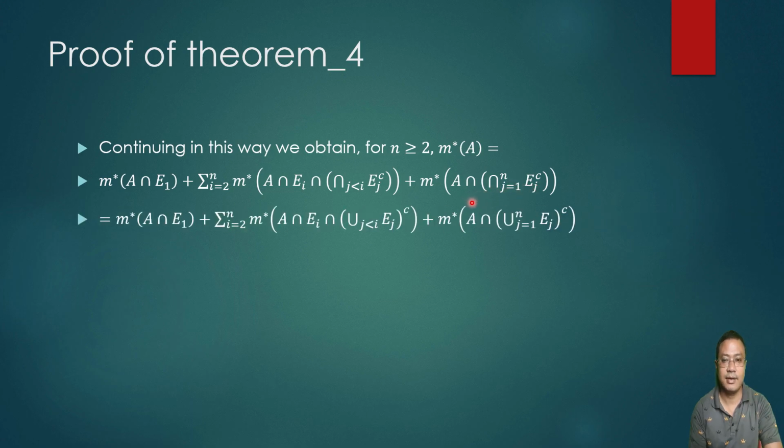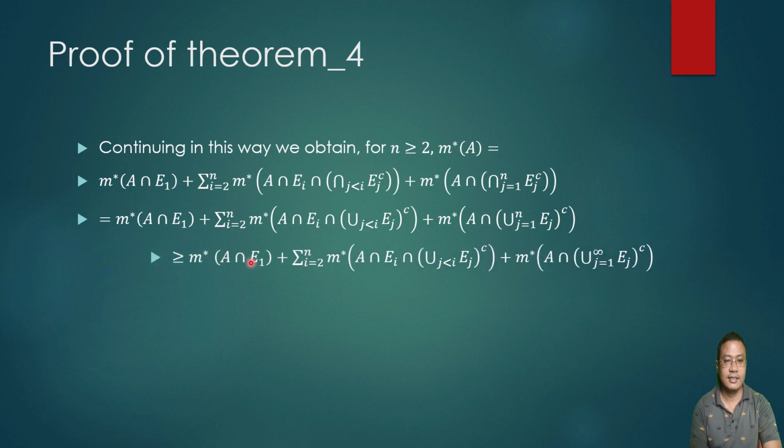By using De Morgan's law, this can be converted into this form, that is A intersection, union j running from 1 to n of Ej, complement outside. Also here the intersection, by using De Morgan's law, will be union j less than i of Ej, complement outside. So you can write like this.